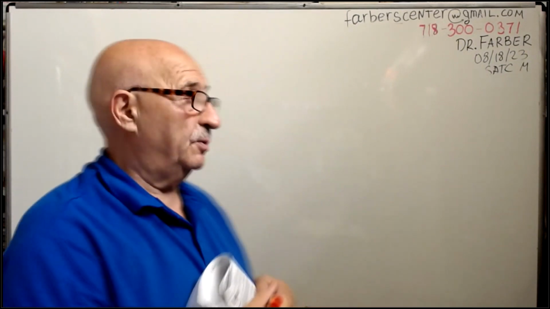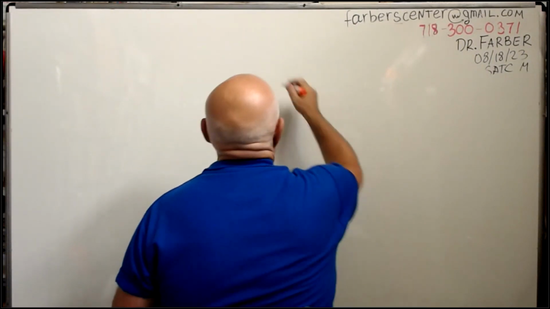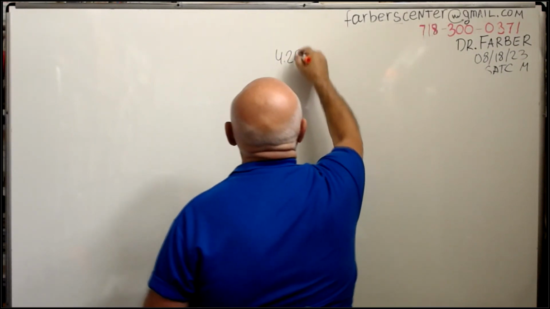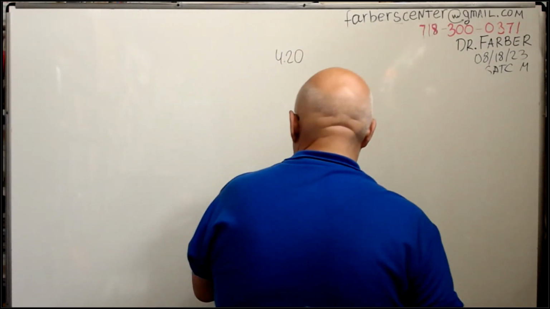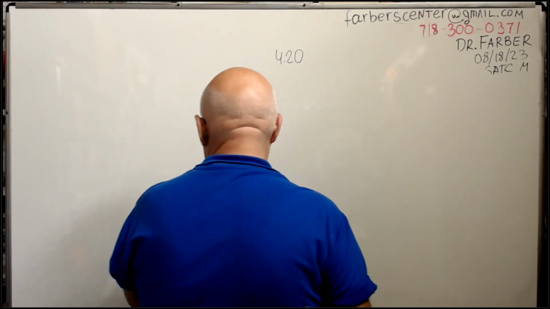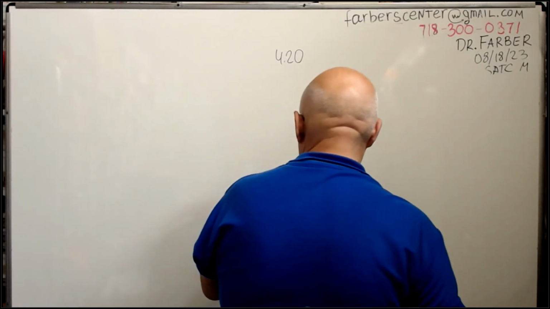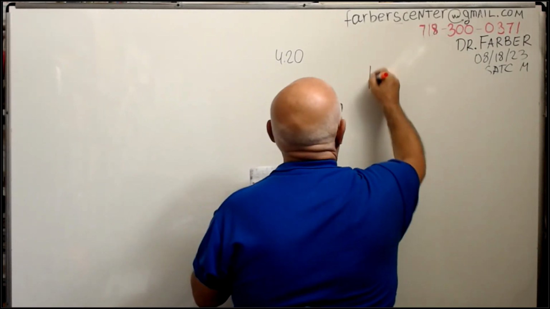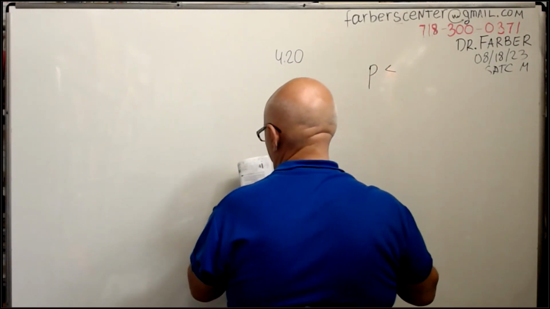Make a sketch, it helps you a lot, and write what is given. P and R points, and P less than R.